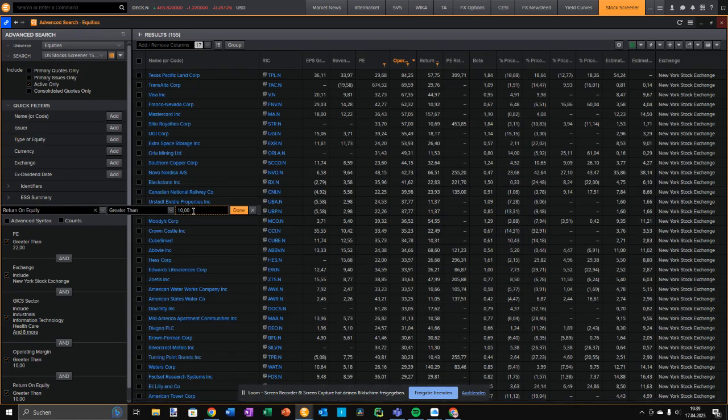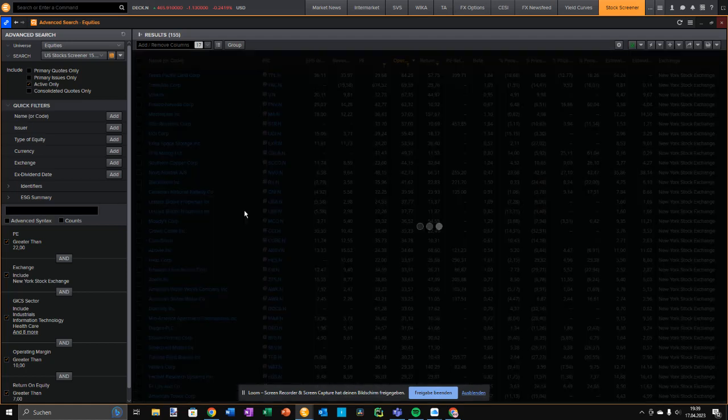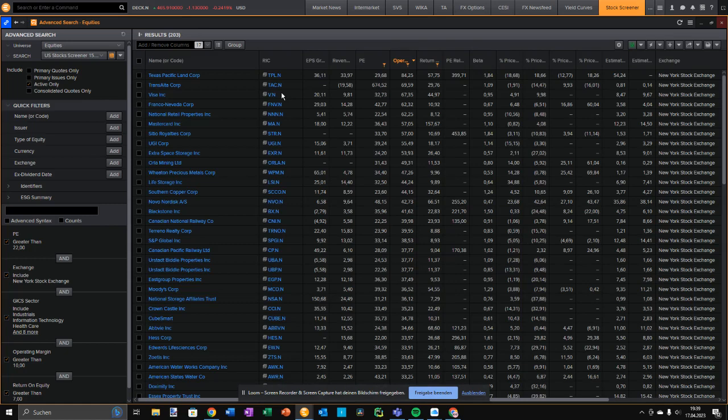I also like it above 10. Yeah, in some industries it could be lower. Maybe let's say 7. You shouldn't be too hard with this criteria, because just this change from 10 to 7 gave me 50 more options.